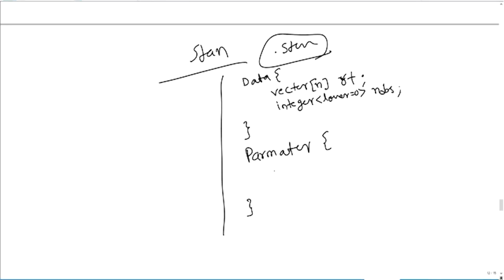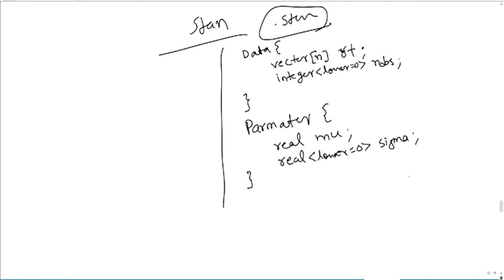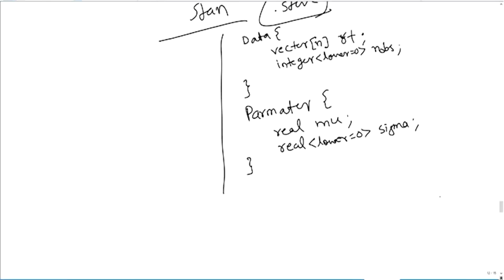So for example, the first parameter I will define is mu: real mu, and then real with lower equals 0, which is a constraint I'm defining, sigma. So the sigma parameter has the constraint that its lowest value is 0; it cannot go below 0. So I'm defining a lower bound on sigma. Okay, so now I have defined the parameters.